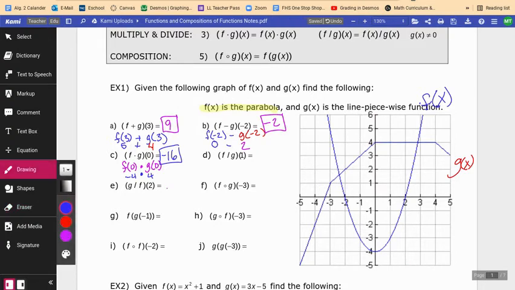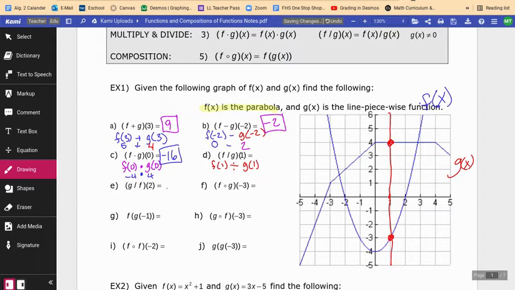And then again, now we're kind of on a roll here. So I do f of 1 divided by g of 1. So here's x of 1. It's a vertical line. There's where it hits my 2 graphs. So we have 1 comma negative 3 for f of 1.